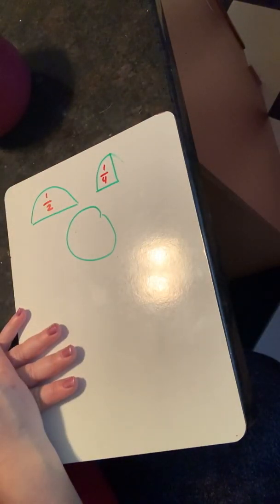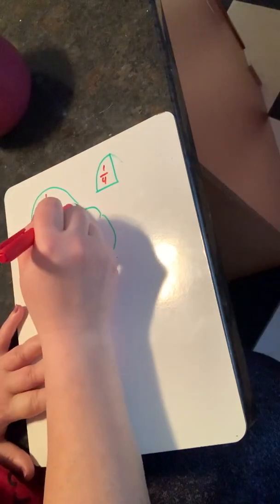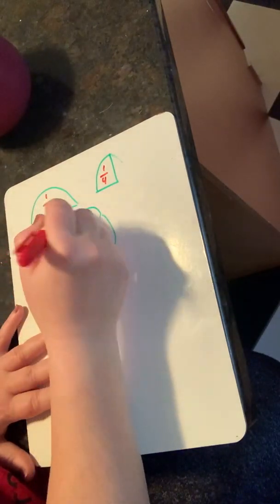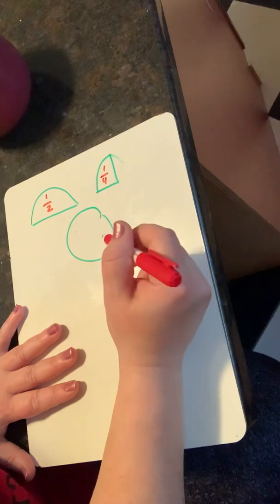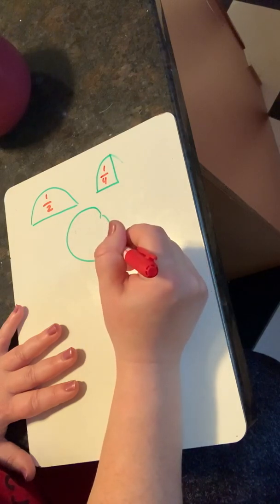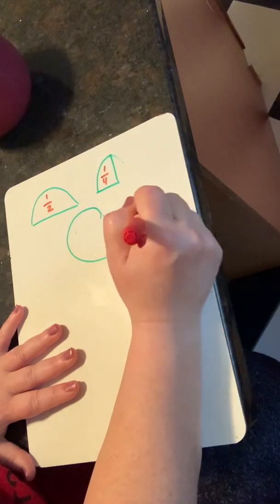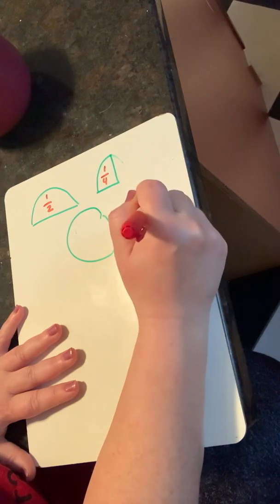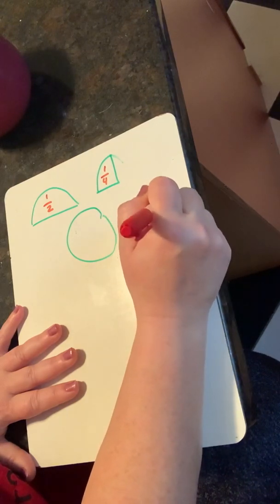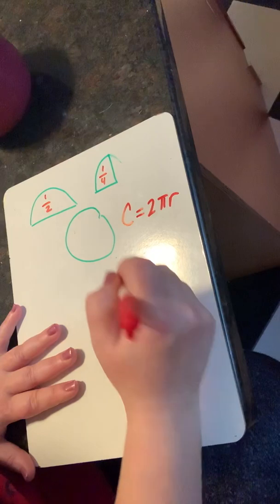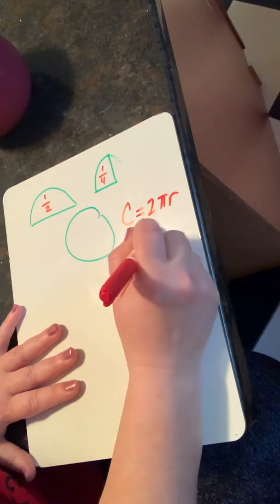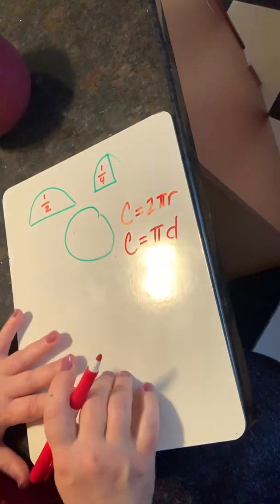So if we're talking about finding the perimeter, or the outside distance around our shape, we first have to start with the circumference of a circle. The equation for circumference is 2 pi r, or circumference equals pi d.